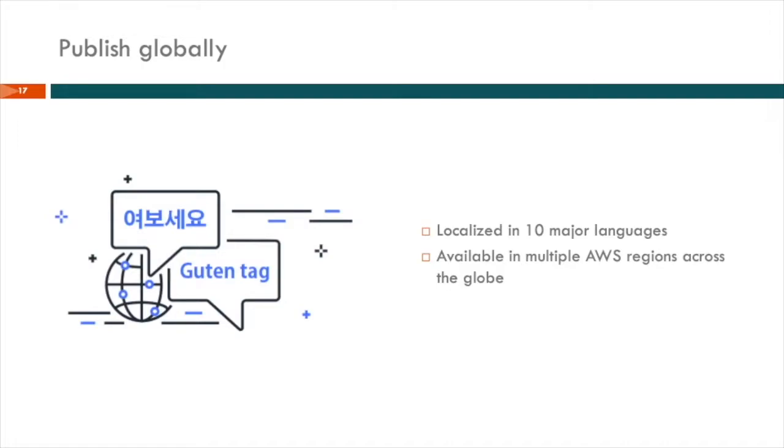This is another benefit that people don't talk about as much. Quicksight's available all over the world. It's right now available in 10 major languages, so you can do localization. If you need to support multiple languages in Quicksight, it's available in quite a number of different AWS regions across the world, including Singapore, Sydney, in the US, North Virginia, Oregon, Ohio, Dublin, Japan.